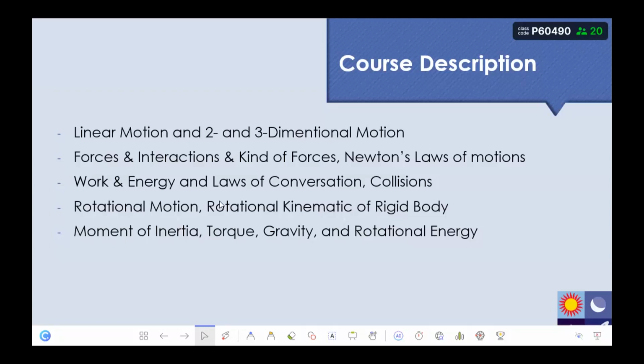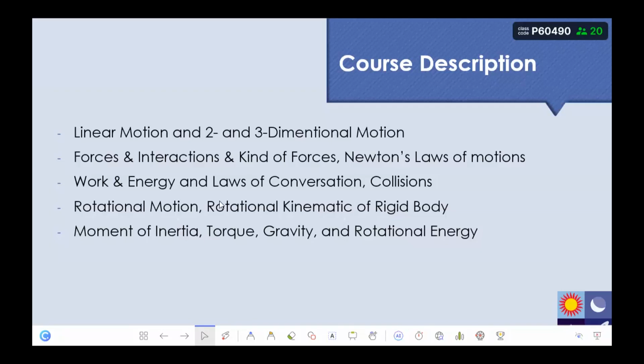Now, let's talk about what we will cover in this physics. In Physics 1 or Intro Physics 1, we will start with analyzing motion of particles, one-dimensional and two-dimensional.